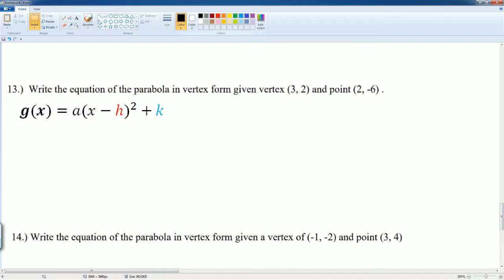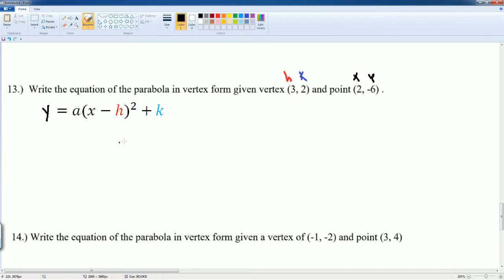This is the vertex, so H is 3 and your K is 2. And this is your point: X is 2 and your Y here is -6. Remember, I write this in function notation, but it can also be written as just Y.